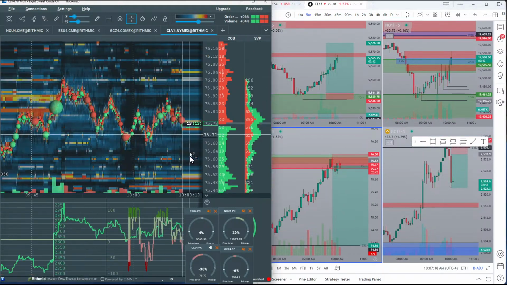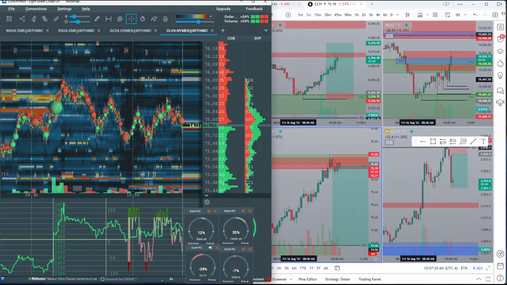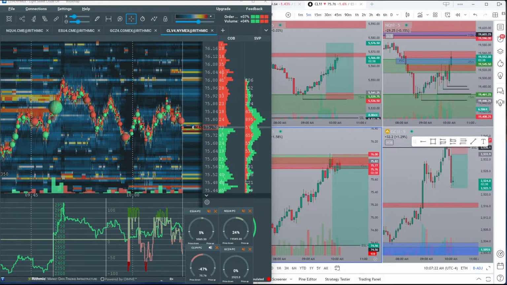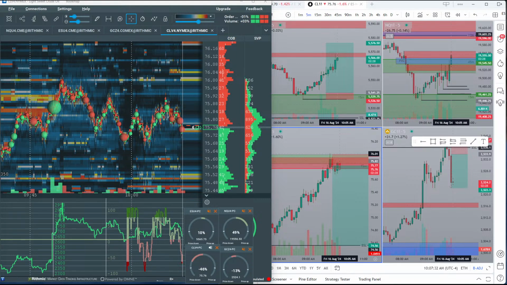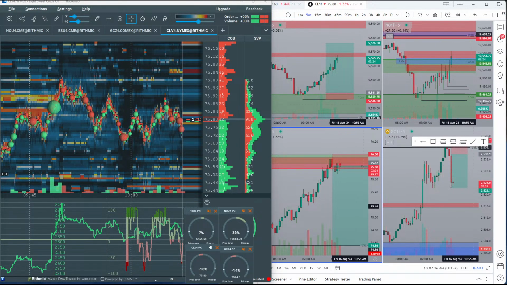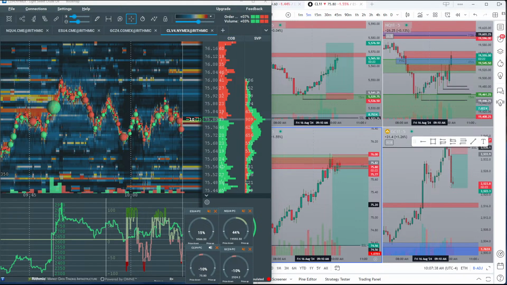Looking for crude oil. Crude oil finally, excuse me, with some selling pressure. So I'm going to look to add to crude right there. So it could bounce on me.